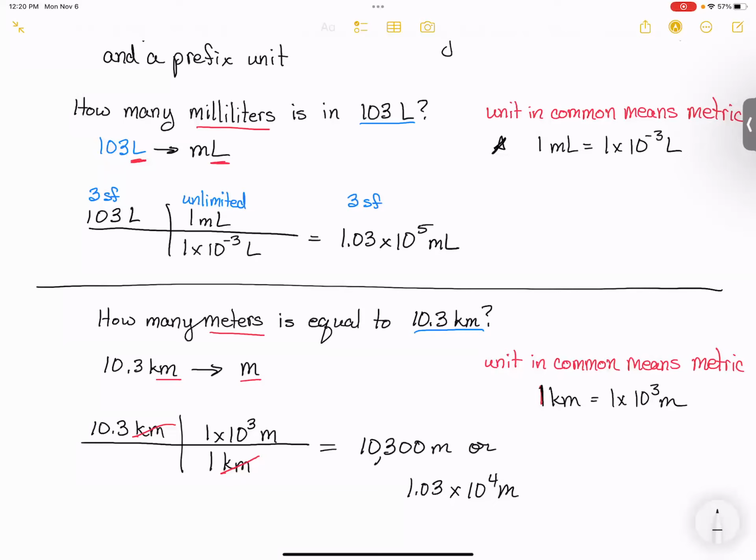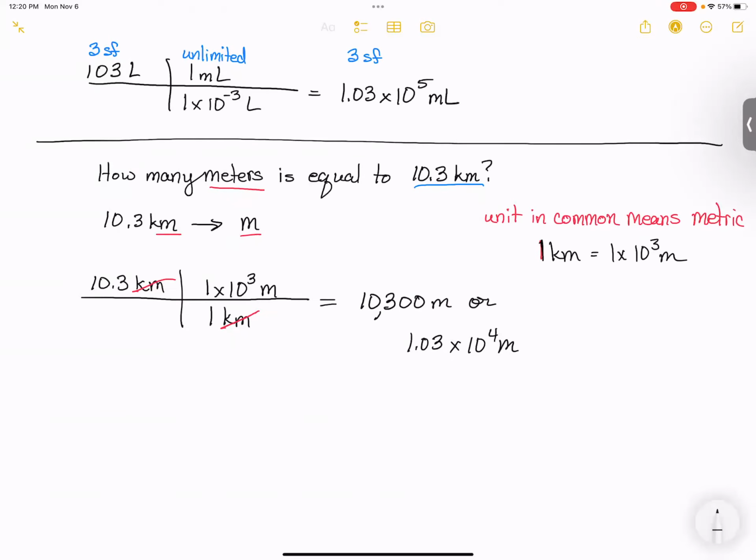Let's say we have 10.3 times 1 times 10 to the third.